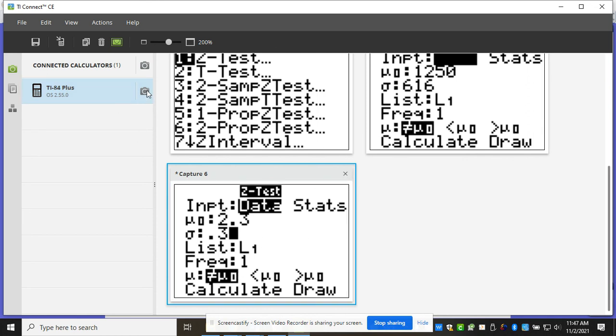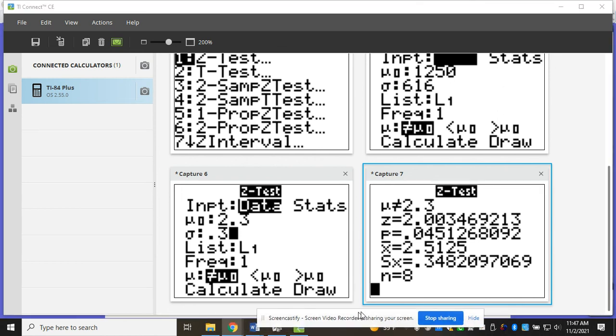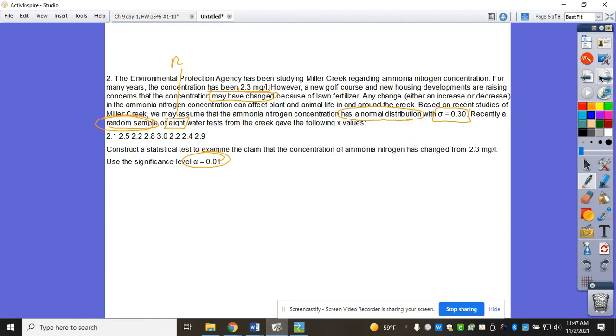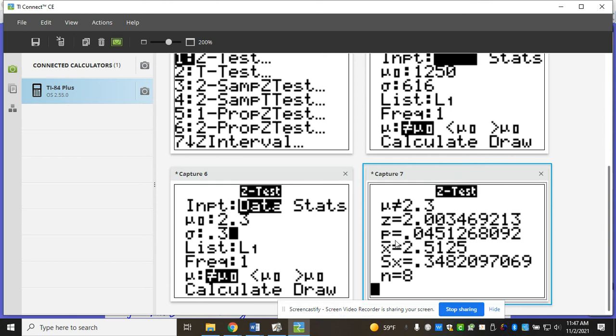And then when I hit calculate, it is going to give me my X bar, which is the 2.5125 that we found. I don't need S because we're using sigma. It's going to give me my Z-score, which is my test statistic. So it gives me this number, but what is this?